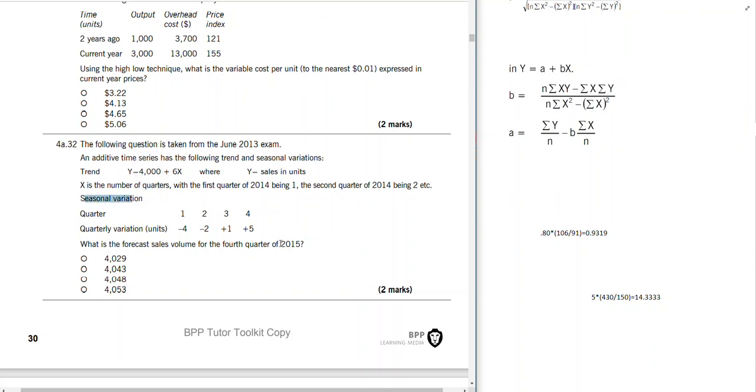So we are finding the fourth quarter of 2015, and we have data from quarter 1 of 2014, so 8 quarters. So we have 4000 plus 6 multiplied by 8 quarters, and then we adjust by the seasonal variation. It is an additive model because of the plus and minus sign.